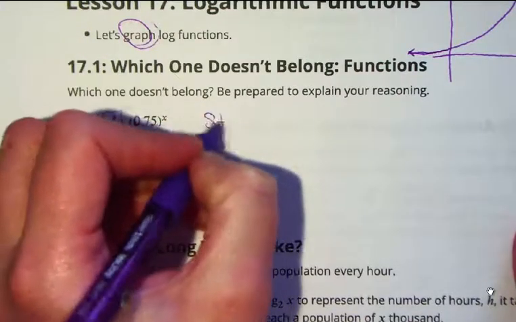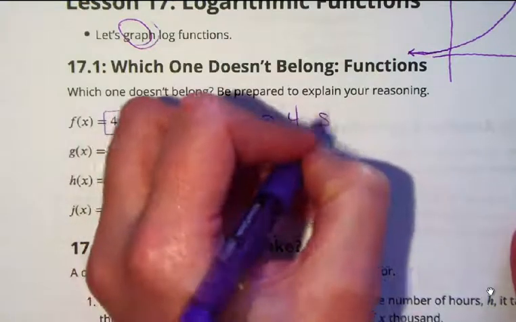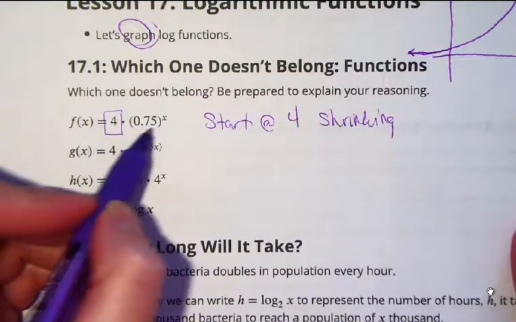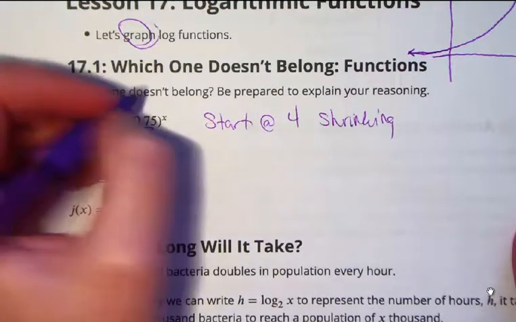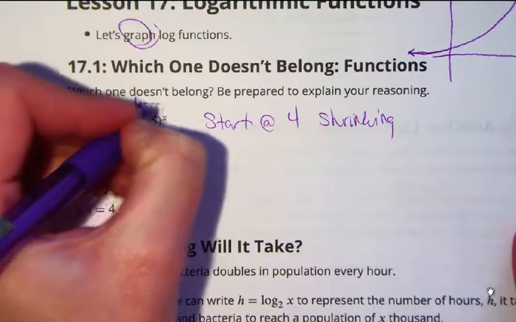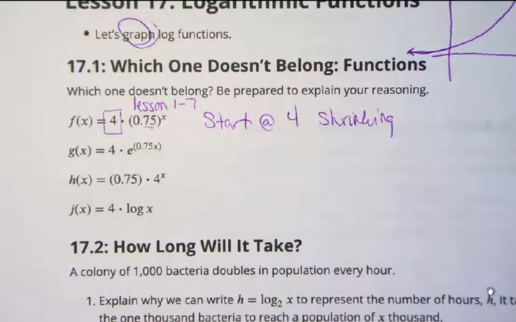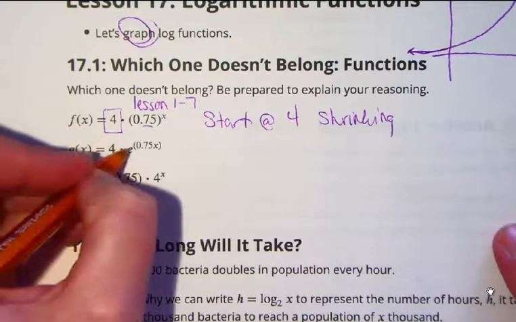It starts at 4. It's a shrinking graph. I can tell because it's less than 1 here with that multiplier. So it's very much like where we started. We're looking at a very basic kind of lesson 1 through 7 type of equation. And what makes G different is that it's the only one that has base e.